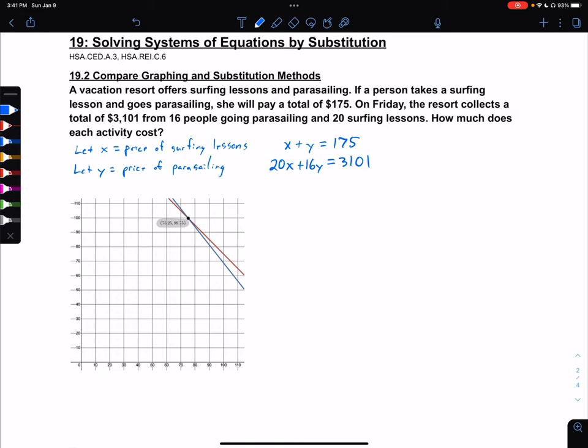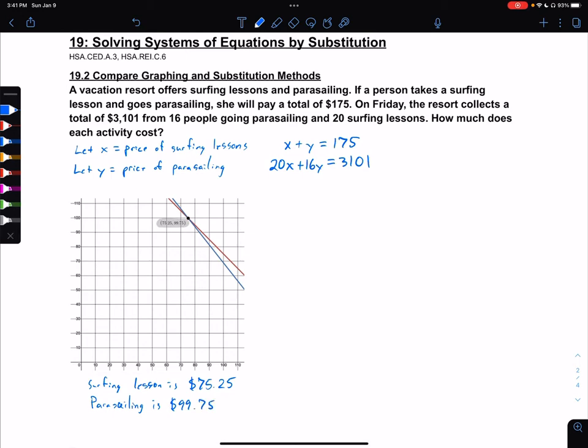So our answer is that a surfing lesson, our x value, is $75.25, and the parasailing, our y value, is $99.75.